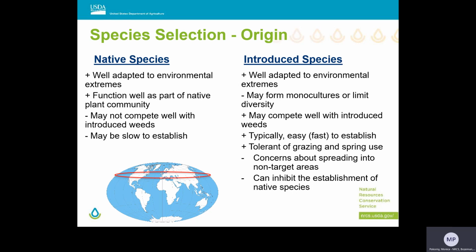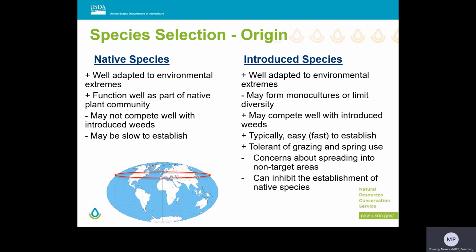There's been a debate over whether to use native or introduced species for conservation practices over the last couple decades. And so I just want to go over a few of the pros and cons of using each of them. First of all, both of them are going to be well adapted to the environment that we're going to be planting them in, because the introduced species have been selected to be adapted to these climates, and we know our native species have evolved in these sites.